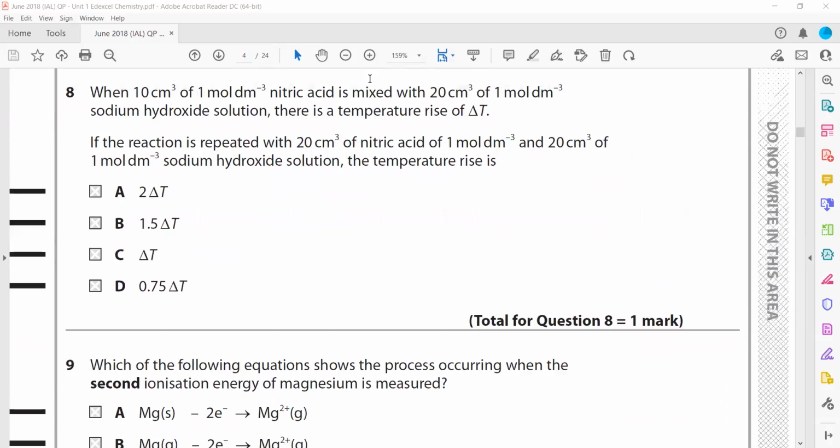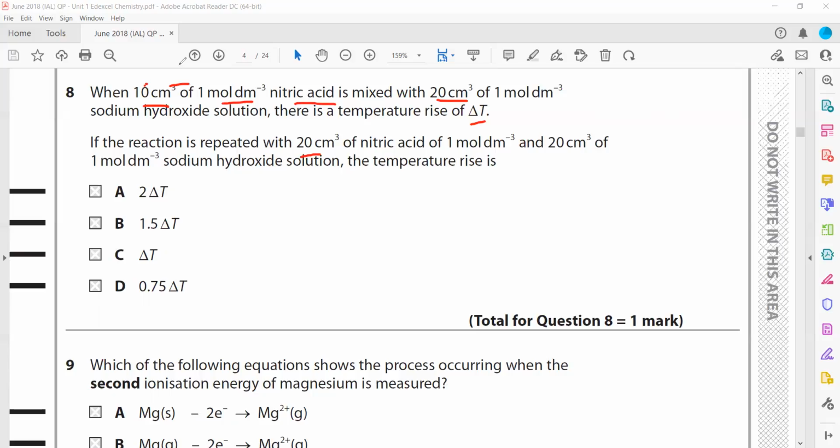In question 8, 10 cm cube of 1 mole per dm cube nitric acid is mixed with 20 cm cube of 1 mole per dm cube sodium hydroxide, and the temperature change is delta T. If the reaction is repeated using 20 cm cube of nitric acid and 20 cm cube of sodium hydroxide: first, in the first reaction, how many moles? 10 divided by 1000, because concentration times volume, but the volume should be in dm cube.